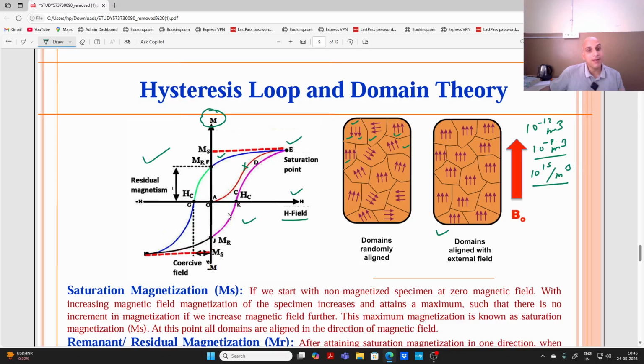So when the applied magnetic field becomes 0 at this point, you can see we still have a magnetization. That is what I was saying, right? This residual magnetic field present inside the material, or magnetization present in the material, we call it retentivity, right?